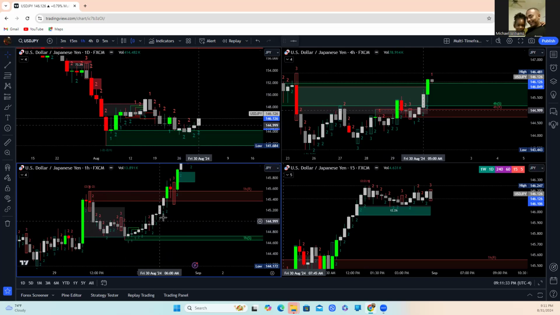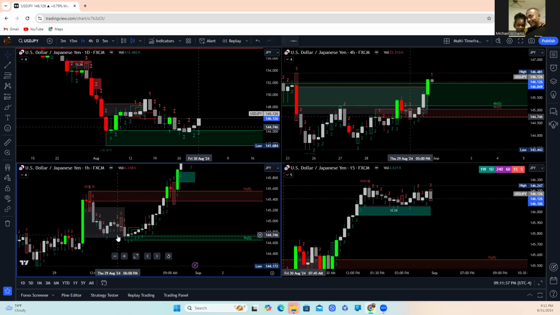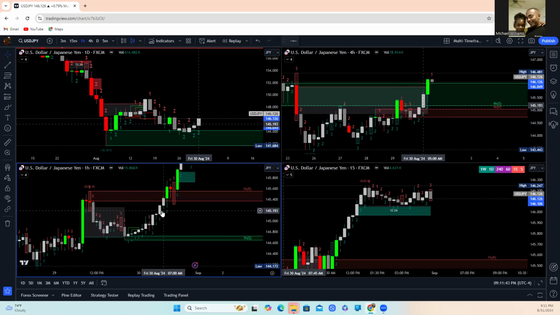The strong push back up. Now that my buy orders were filled, I can start pushing the market back up and making money off of the dollar that I just bought, right? I bought a whole bunch of dollars and my orders got filled.